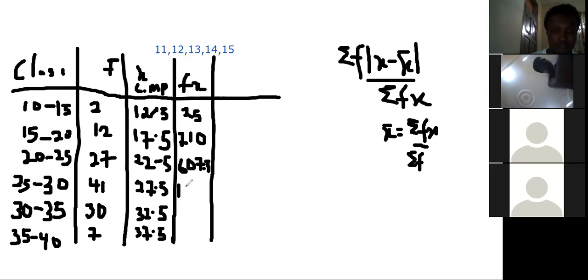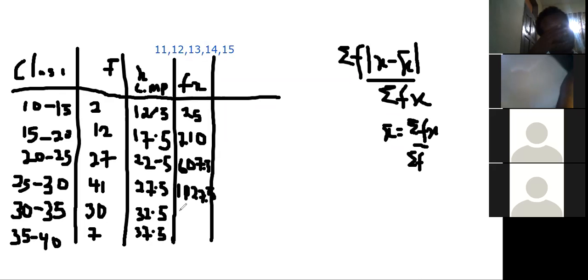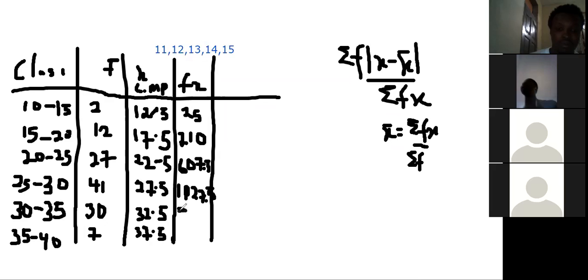Then 975. And this one will give us 262.5.